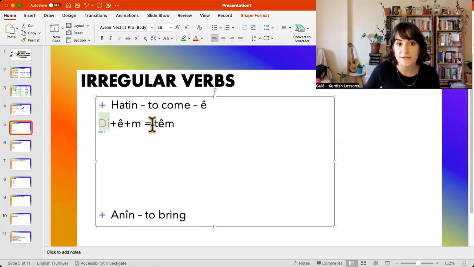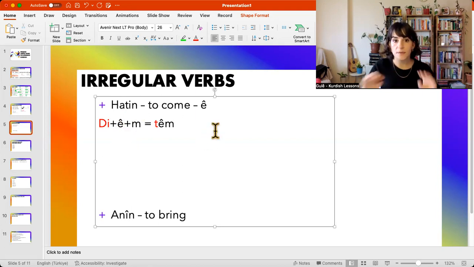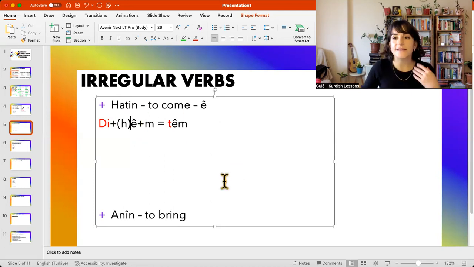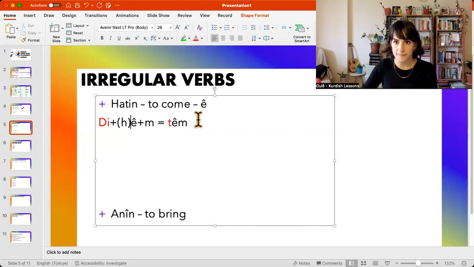Probably it's easier to say tem instead of saying den. But this form, den, is not wrong because in Bahdinan, in Duhok, Zaho, in some cities in Bakur, it says as dihem. So an H appears here. So as dihem, okay? But in Bakur, you will mostly hear tem, okay? So it's the rule.